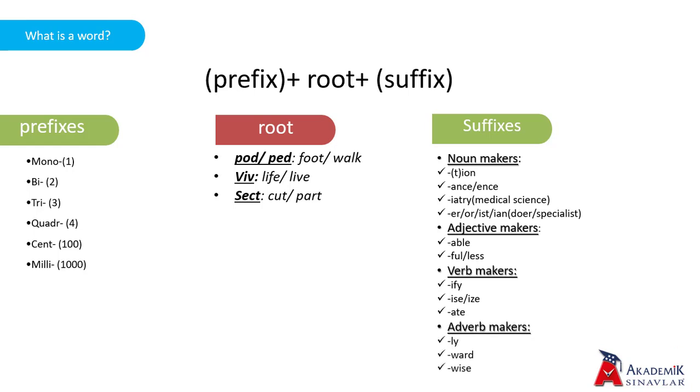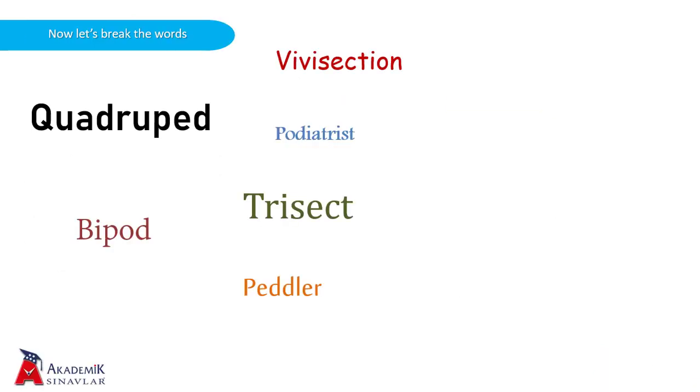Adverb makers, such as ly, for making normal adverbs like slow, slowly, ward, like backward, and wise, like clockwise. Now I want you to take your time to memorize them. Keep them in mind because we will need them in the other slides in this lesson. You will have 20 seconds to keep them in mind.